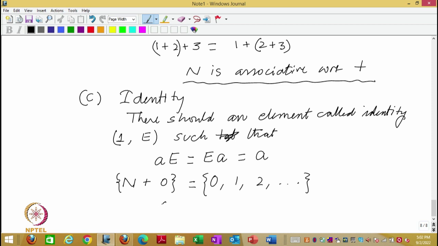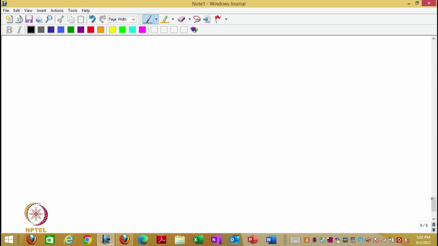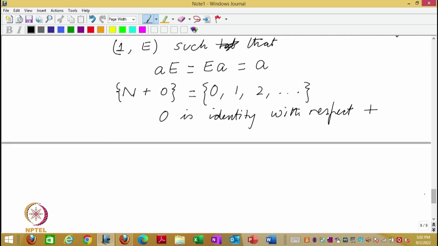So, 0 is the identity with respect to the binary operation plus, because either I have 0 plus 1 or 1 plus 0, it will remain 1. In general, A plus 0, 0 plus A is A.